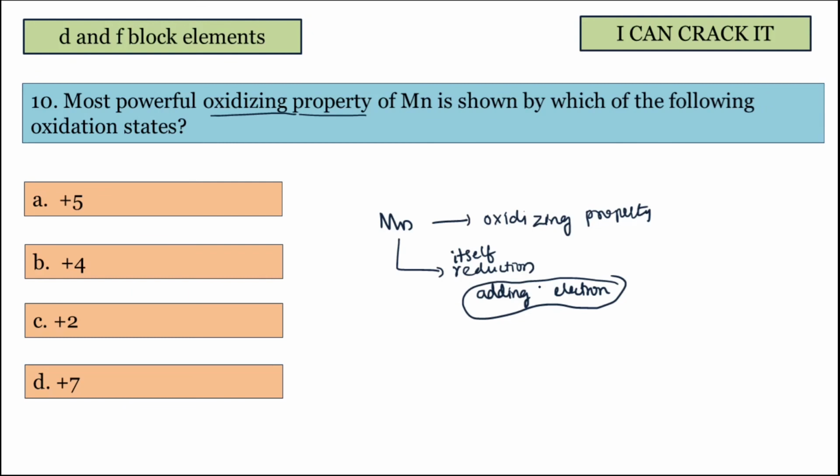If you can easily add electrons, it will easily undergo reduction. That means it's a good oxidizing agent, right? So where do you have more positive charge? Option D. There you have more positive charge, so you can easily add electrons. That means Mn will undergo reduction. That means it's a good oxidizing agent. So which option? Option D, +7.